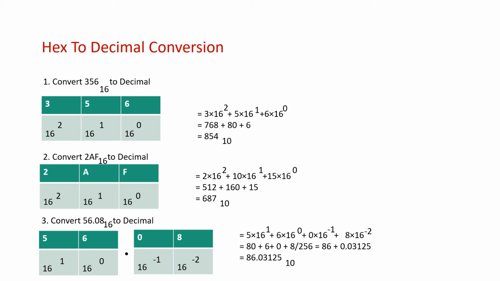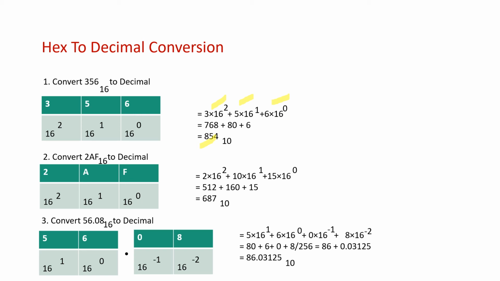So it becomes 3 into 16 power 2 plus 5 into 16 power 1 plus 6 into 16 power 0, and adding all that we get the result 854, which is the decimal equivalent of 356 base 16.